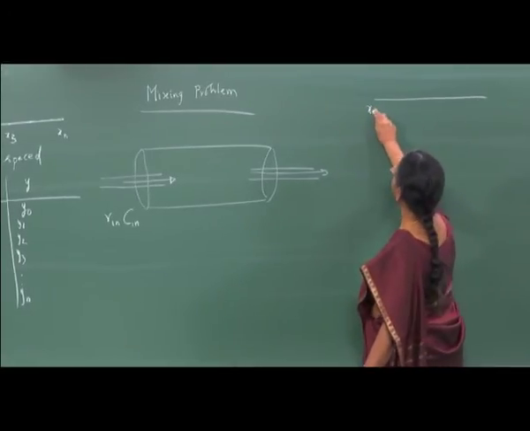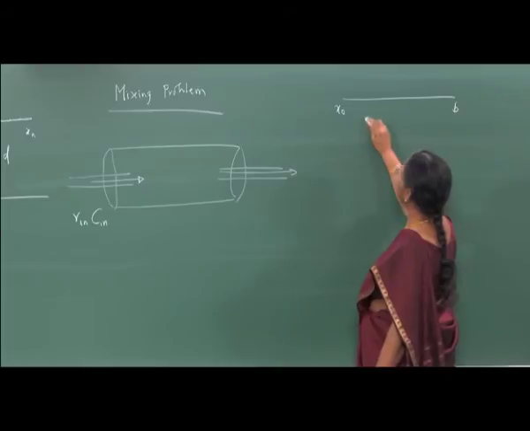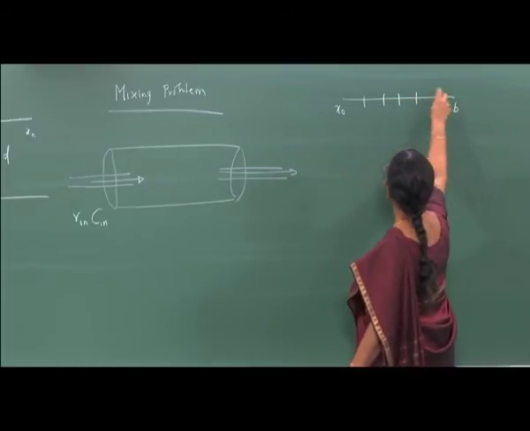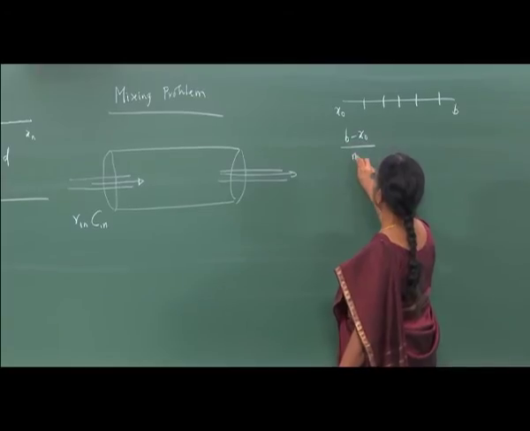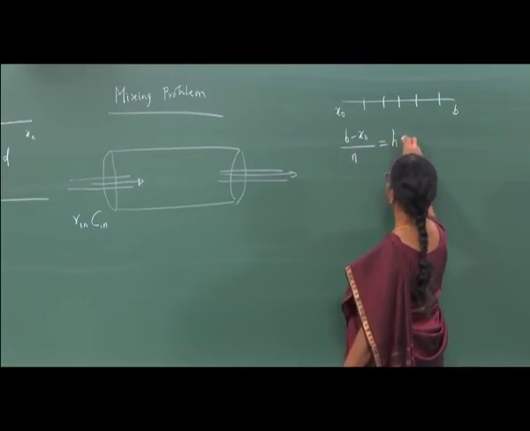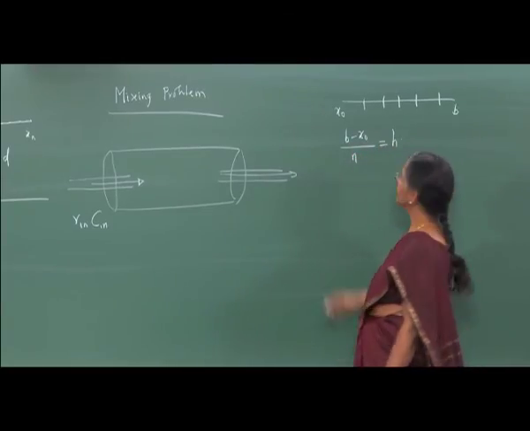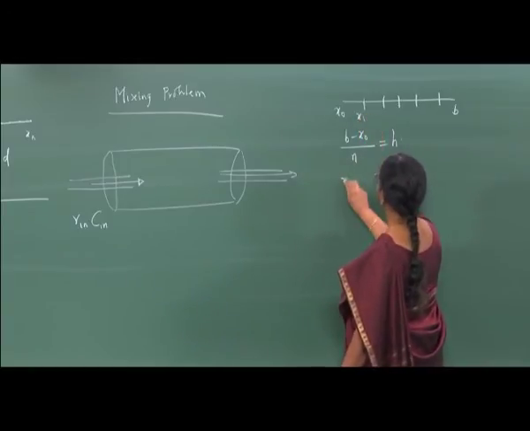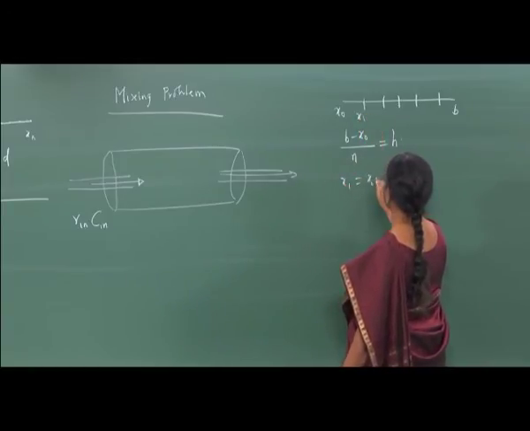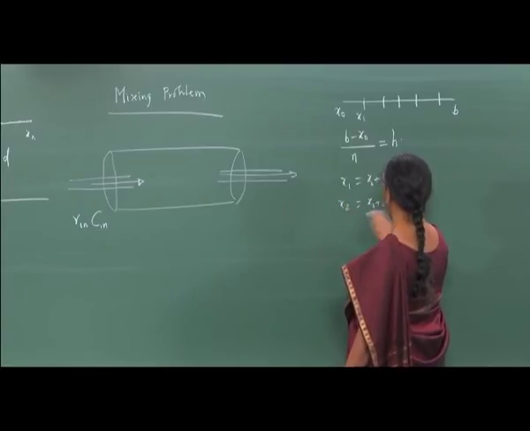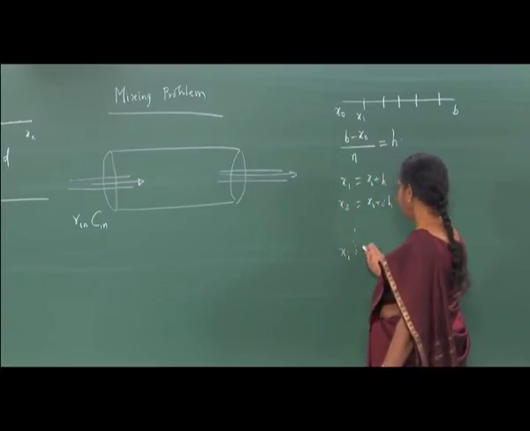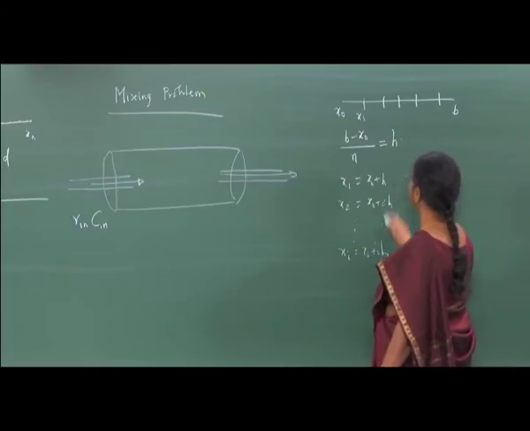We will divide the interval x naught to b into a number of smaller subintervals of the form b minus x naught by n equal to h, so that x1 will be equal to x naught plus h, x2 is x naught plus 2h, and so on. Xi is x naught plus ih.